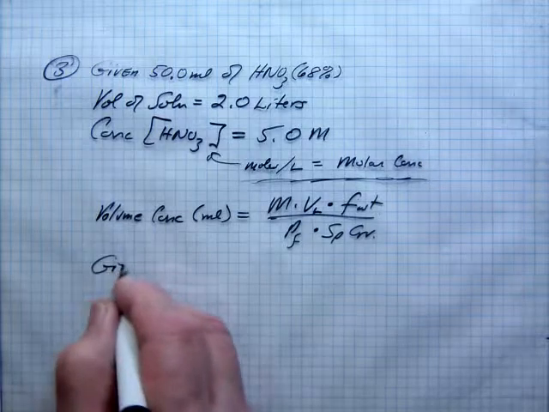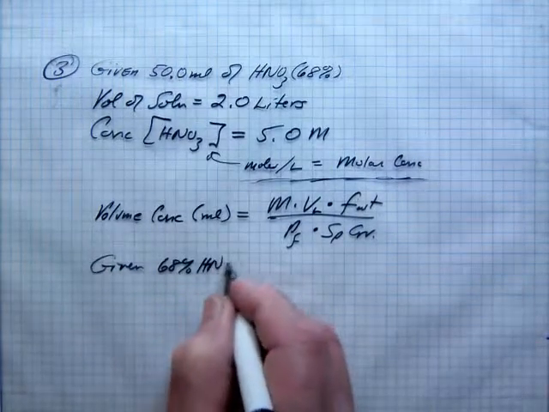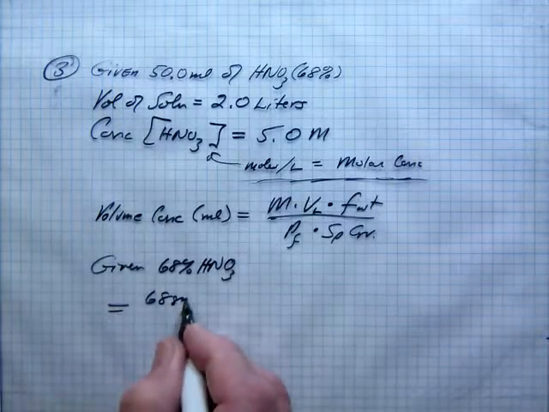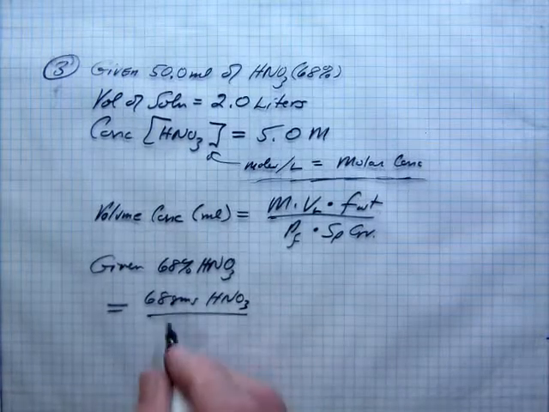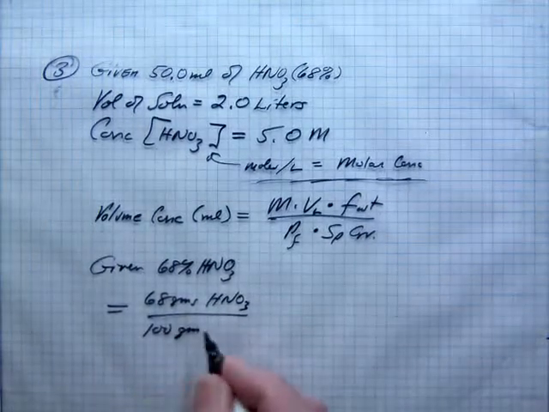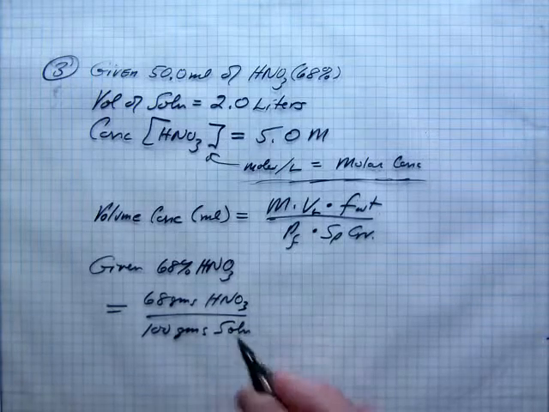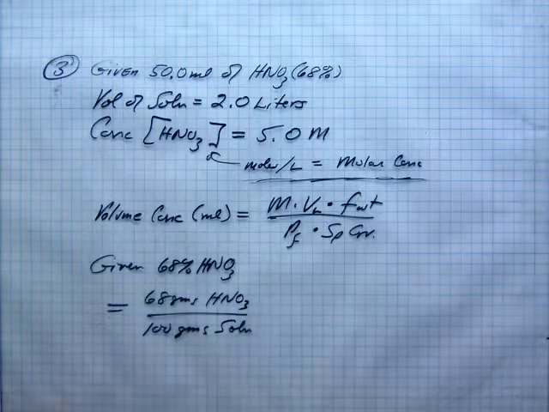You're also given a 68% nitric acid solution. What that means is you have 68 grams of HNO3 per 100 grams of solution. Now, if we want to get that to moles per liter, what do we have to have?